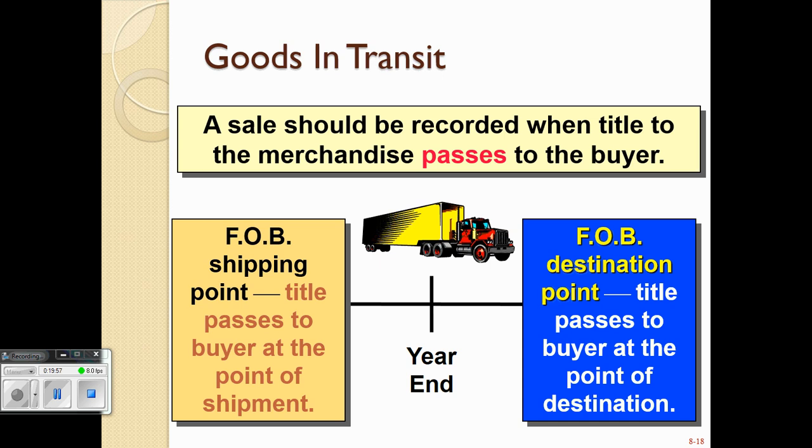In that case, title passes to the buyer at the point of destination. In that case, that truck that's sitting in Kansas on December 31st is not included in my inventory. So we need to pay attention to when those goods are transferred, when actual title transfers, and usually it'll be mentioned on the purchase order or what have you.